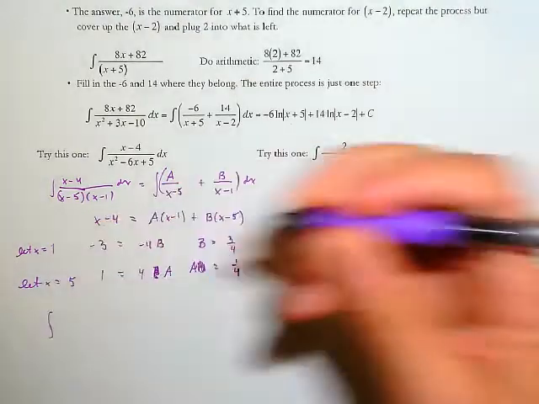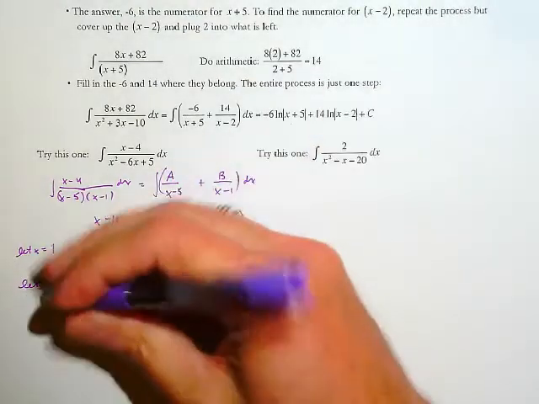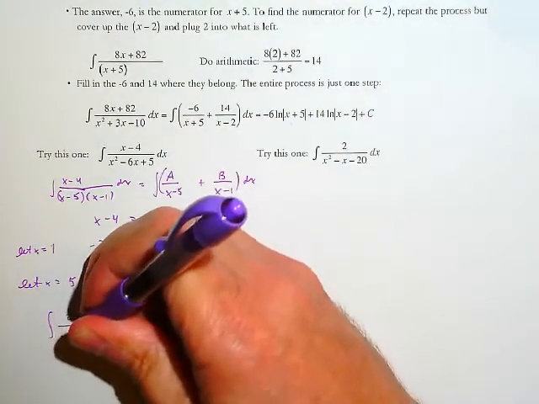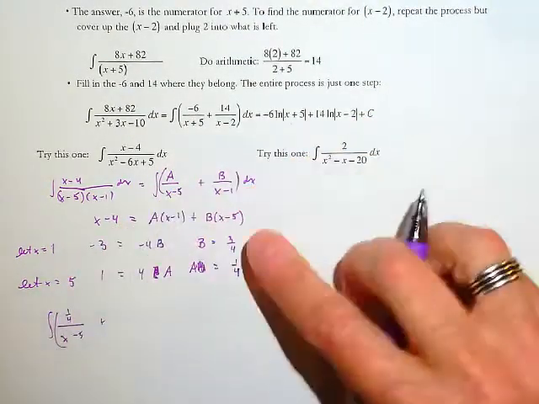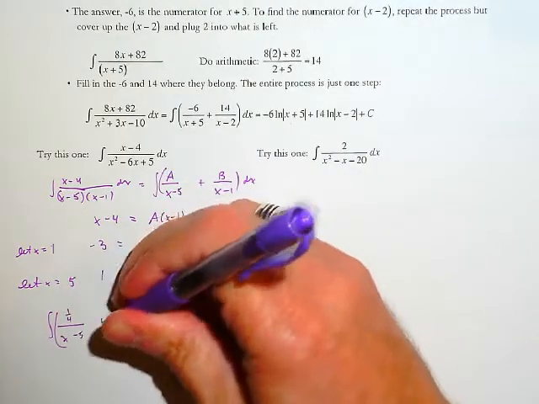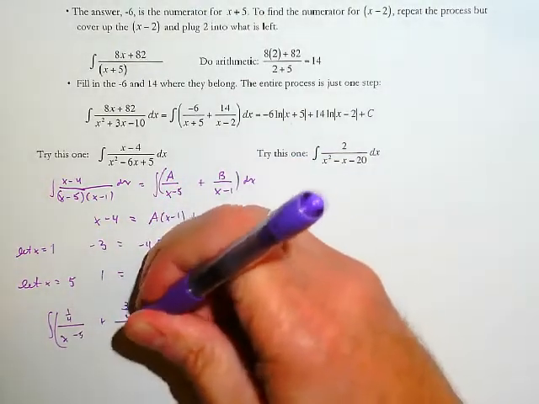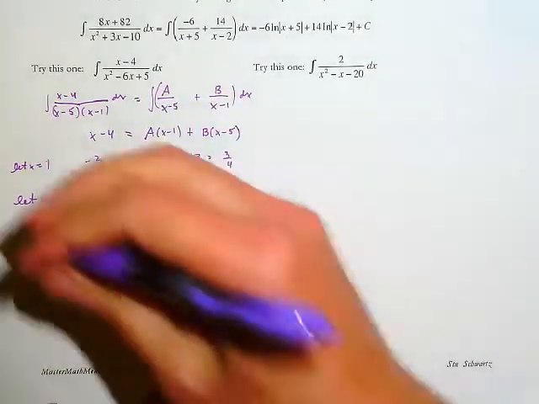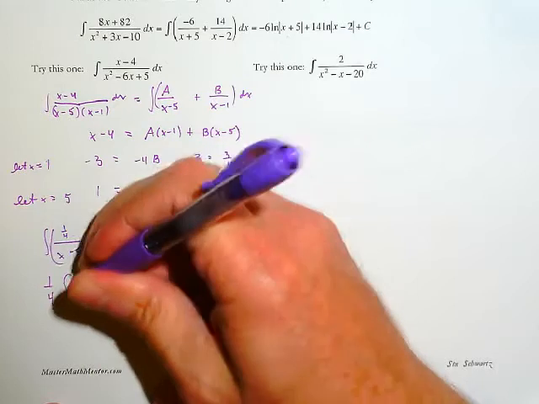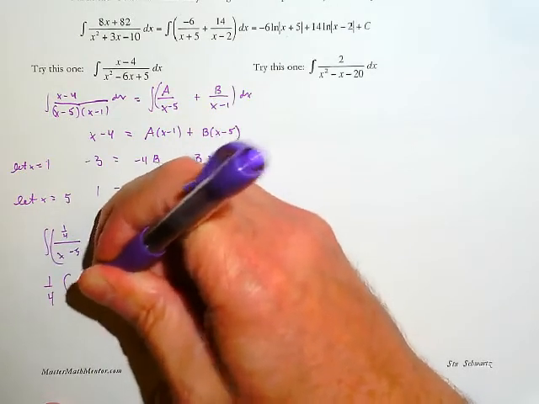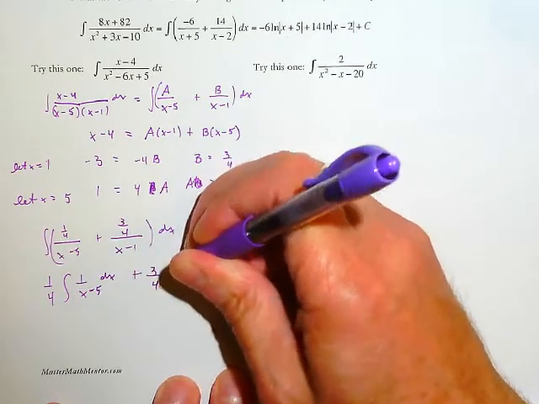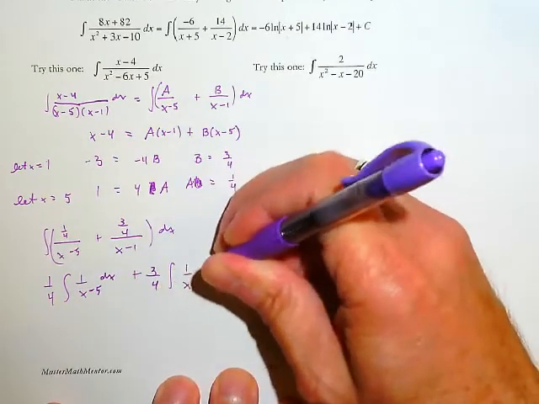So that integral now becomes 1/4 over x minus 5 plus 3/4 over x minus 1 dx. If I write that one more time as 1/4 times the integral of 1 over x minus 5 dx plus 3/4 times the integral of 1 over x minus 1 dx.